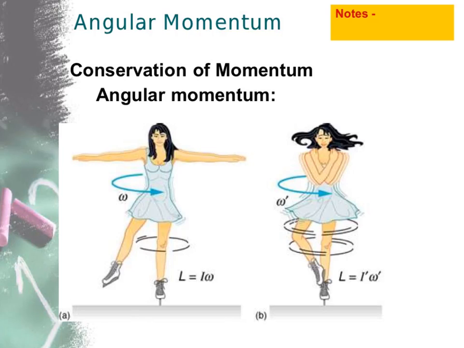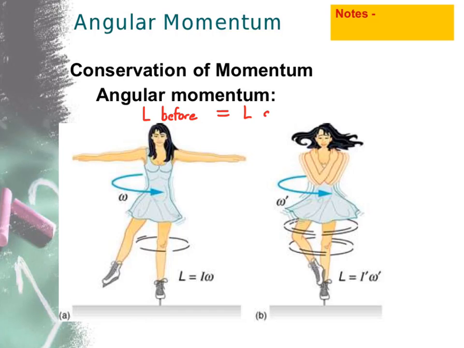Why is that? Well, that is due to conservation of angular momentum. Her angular momentum before she brought her arms in is the same as the angular momentum she had with her arms and feet in. So her angular momentum before, L, equals angular momentum afterward. So our angular momentum before equals her angular momentum after.